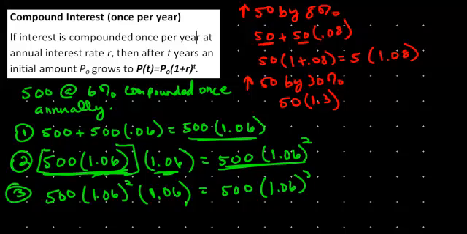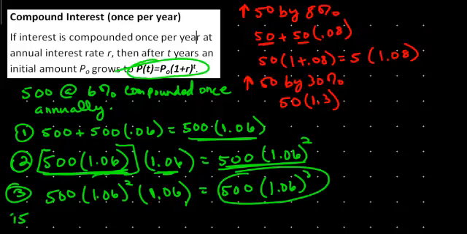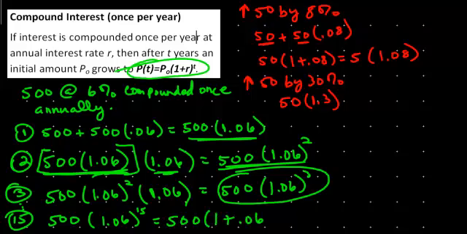Okay? So this formula here is working out just like this thing is. So that is, after, let's say, 15 years, we would have 500 times 1.06 to the 15th. Or to make it look like that formula up there, this is the same thing as 500 times 1 plus 0.06 raised to the 15th.